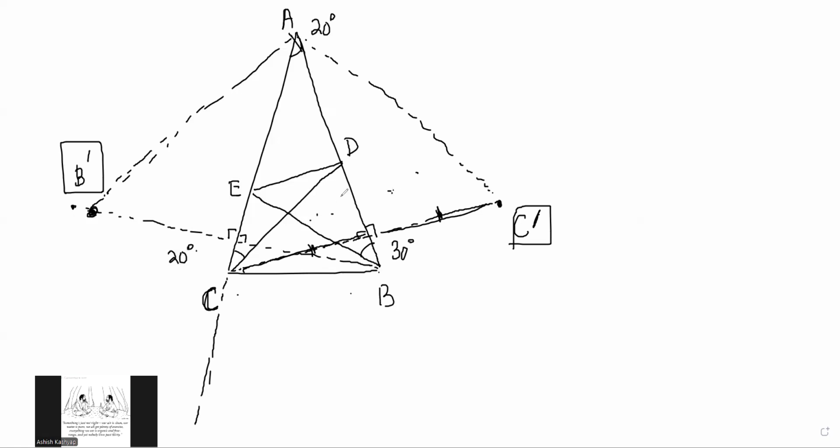So if you label this point as P and label this point as Q, I can say APC is congruent to APC dash. Yes, sir. And similarly, I can say AB dash Q is congruent to AQB, right? Okay.